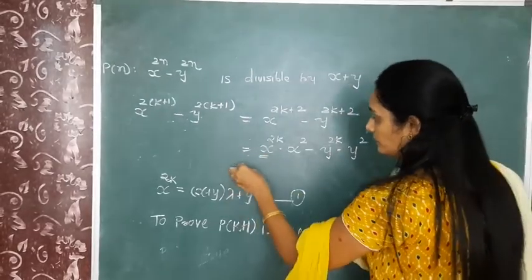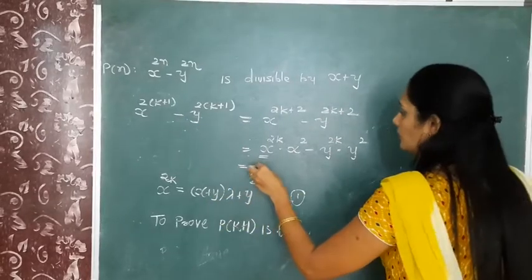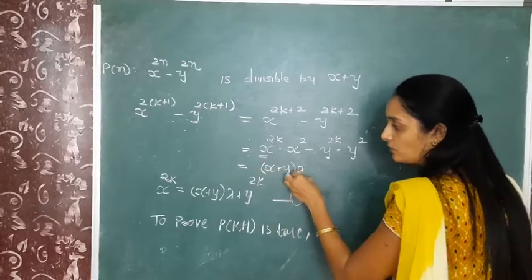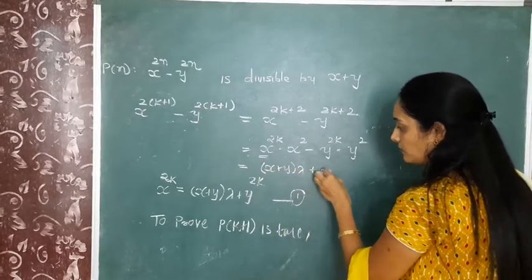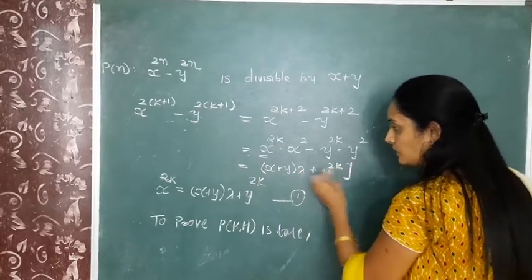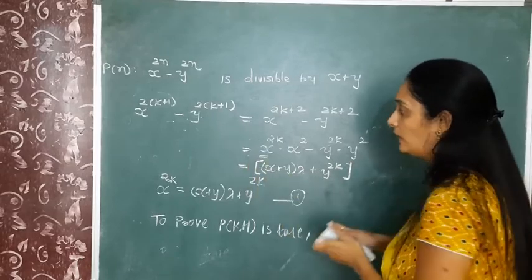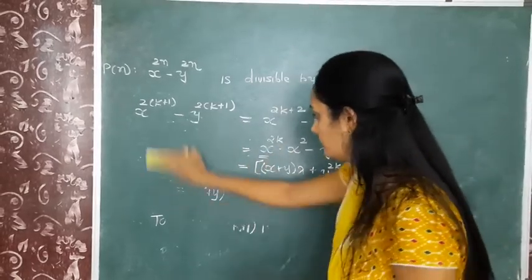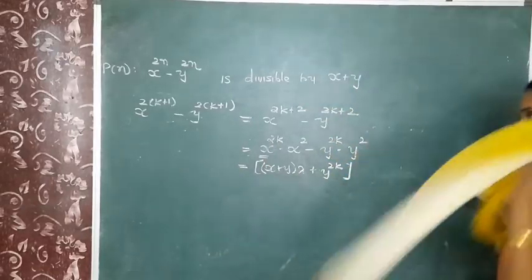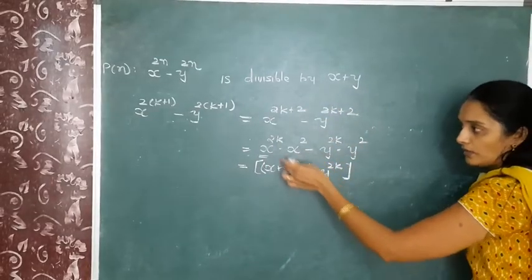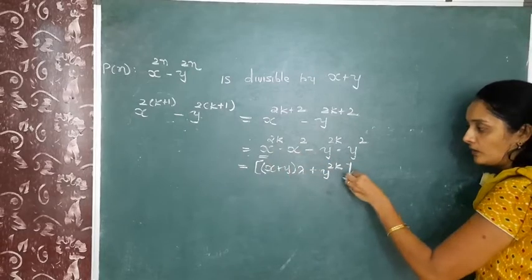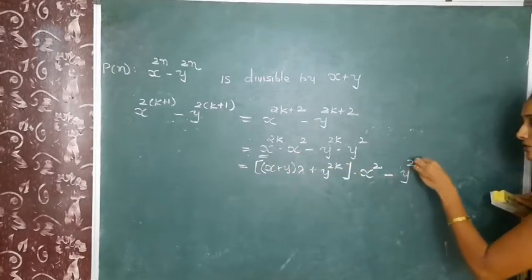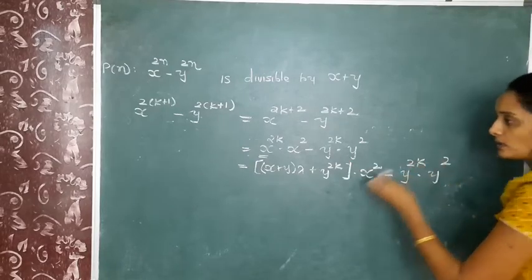So x plus y into lambda plus y raised to 2k. We replace the value of x raised to 2k from result 1. Now this is the value of x raised to 2k, x square as it is, minus y raised to 2k into y square.